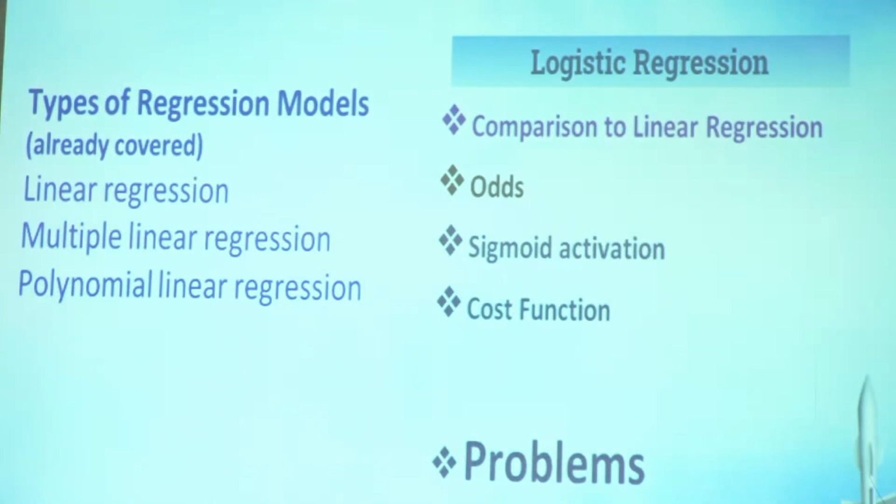Next, we use odds. Whenever we talk about odds, always we talk about probability. Next, we call sigmoid. Next, we call it cost function. Next, we will do 5 problems. Please remember that. Already you know the problems, but I'll give an overview of those problems.